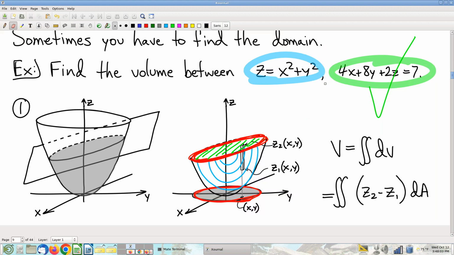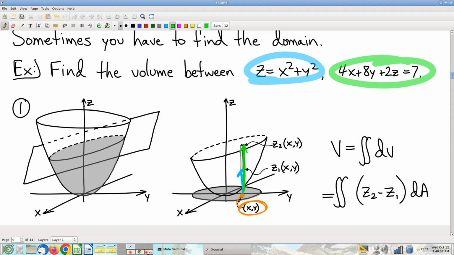Let me motivate it from a geometric point of view. What we really want is to recognize that for every point x comma y, wherever you might happen to be down in here in your domain, there is a distance up to the paraboloid and there is a distance up to the plane. These are the z's we've already talked about, whose difference gives me the height of the French fry I'm actually interested in.